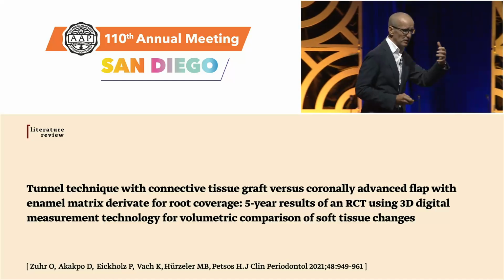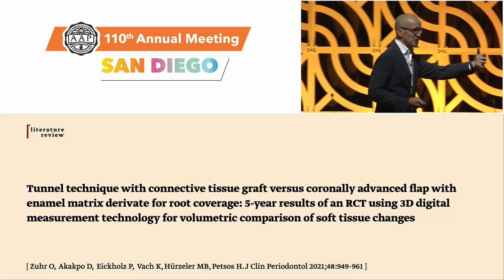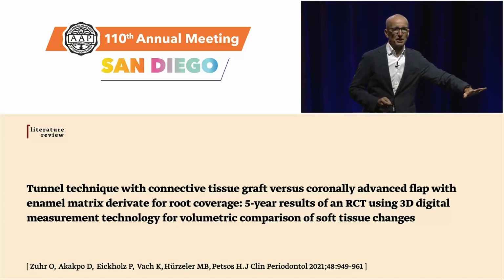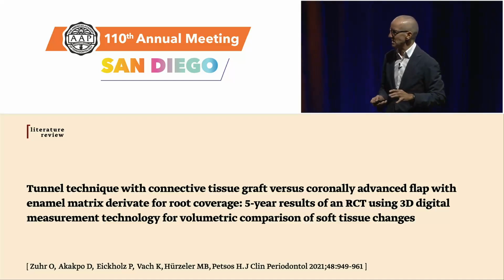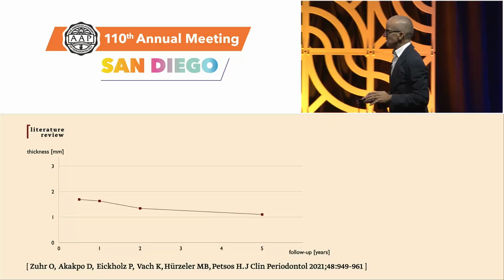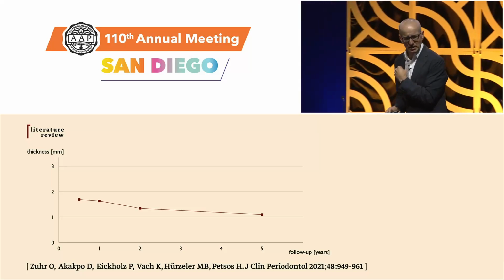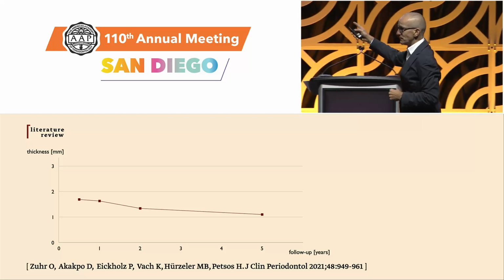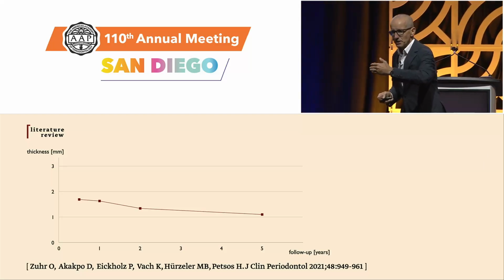So we could exactly follow the thickness of the augmentation we did here using a connective tissue graft derived from a single incision technique. And if you were looking at it, we could clearly see, if I wanted it or not, that from the 1-year outcomes you see on the left to 2 years and 5 years, there was ongoing shrinkage.